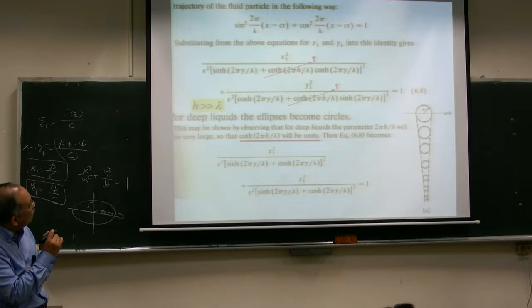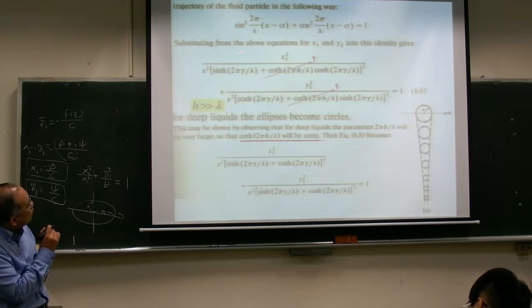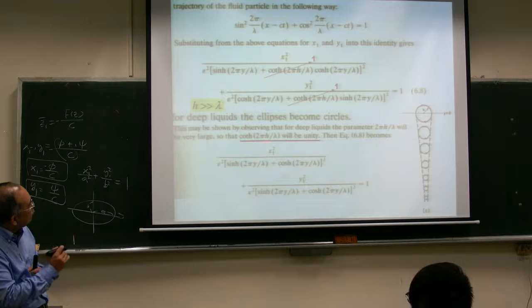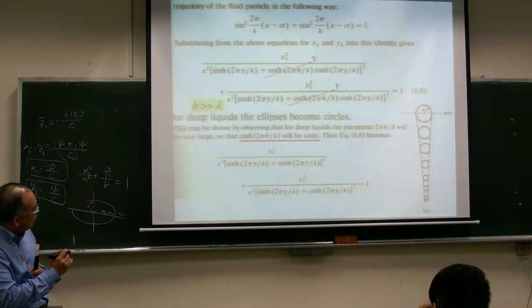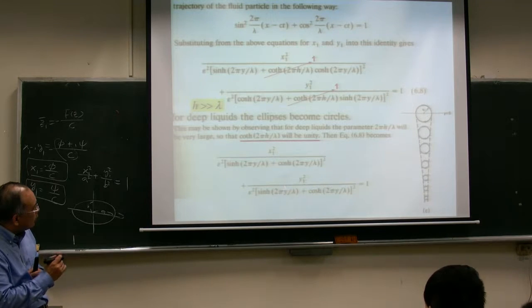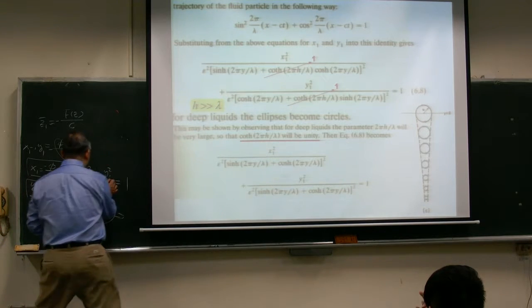Let's go to infinity, for example. This will approach 1. This hypercotangent also approaches 1. So our path line equation reduces to this. What's this? As you can see, this parameter here and this parameter here are exactly the same. When they are exactly the same, what happens? A and B are exactly the same. What happens?